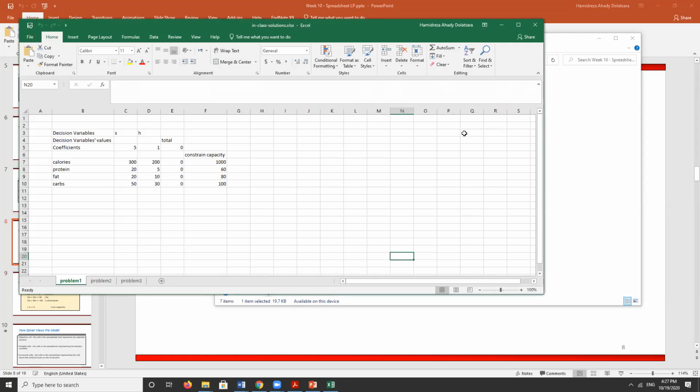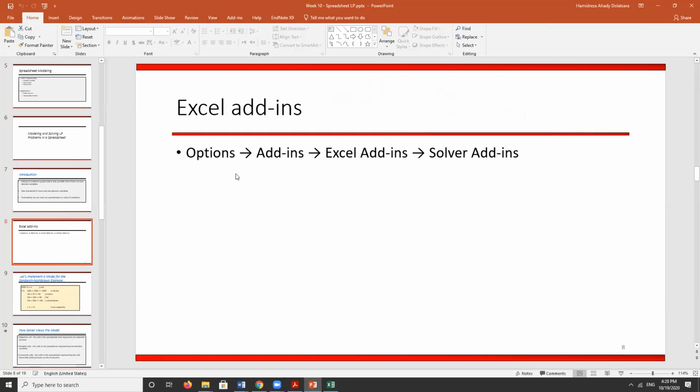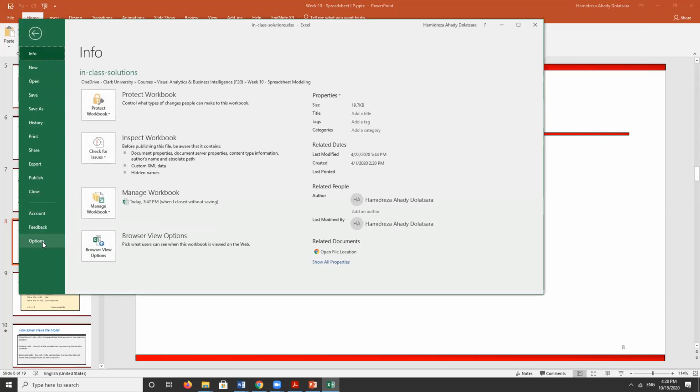Okay, so we need to activate add-ins in Excel to let us solve linear programming problems through Excel. I put the steps here. We go to options in the file section.